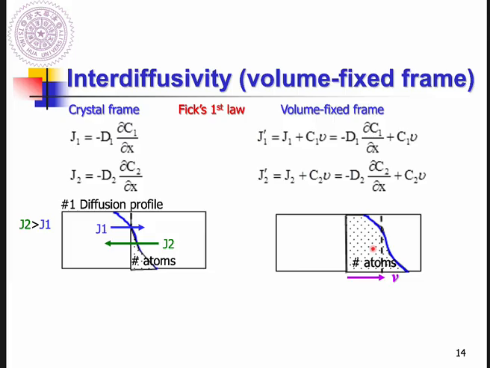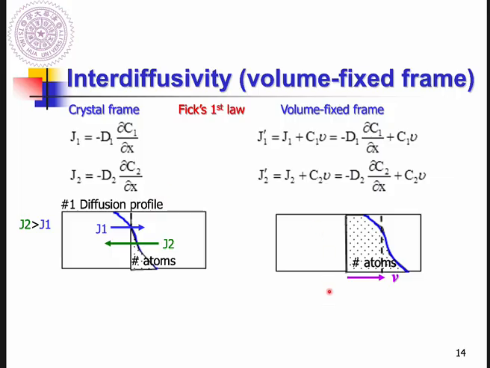But for the interdiffusivity, you stand outside, right? So when you write down the crystal frame, when you stand here, you don't need to consider the interface moving to the right-hand side, right? So the diffusivity you measure is based on Fick's first law. So you can write down Fick's first law.